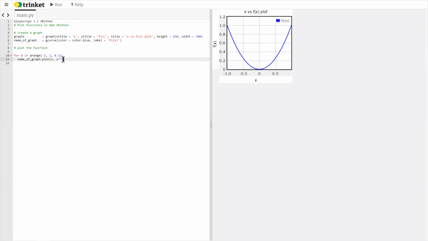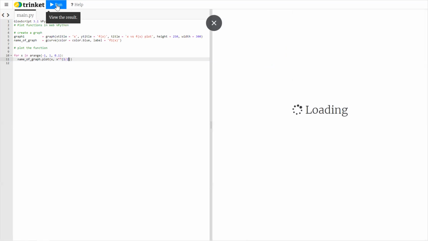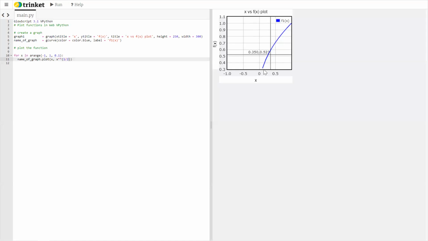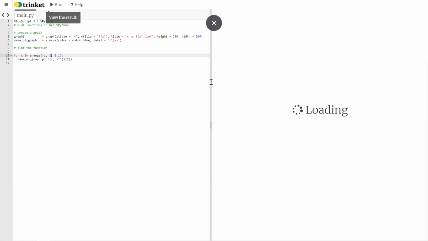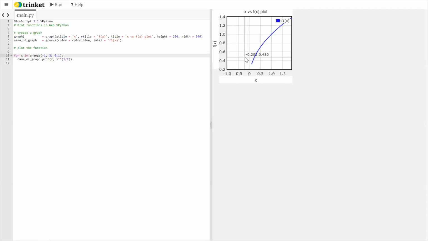Or we can have square root of x, that's x raised to 1/2. You can see this plot. So you can extend this to, let's say, -1 to 2. Of course, the square root function has no value for negative numbers or negative integers.